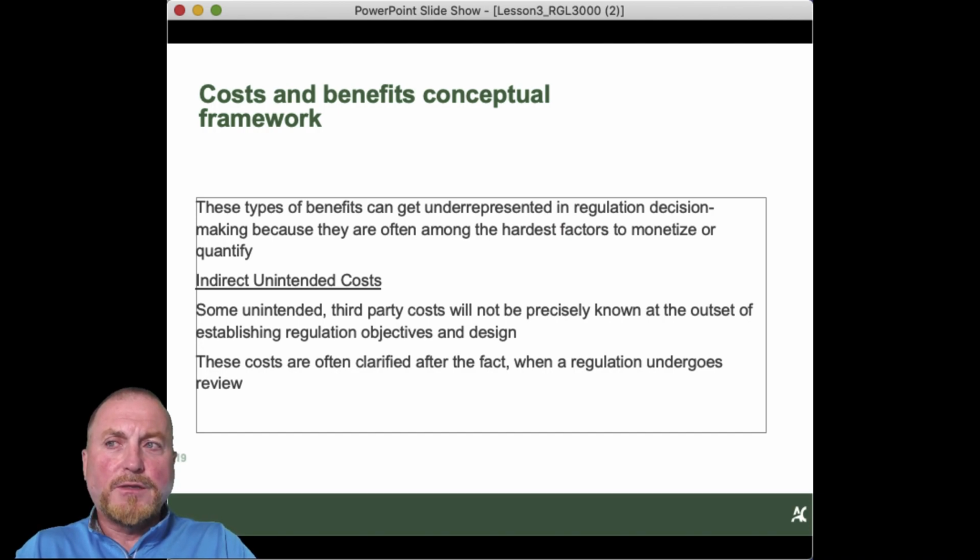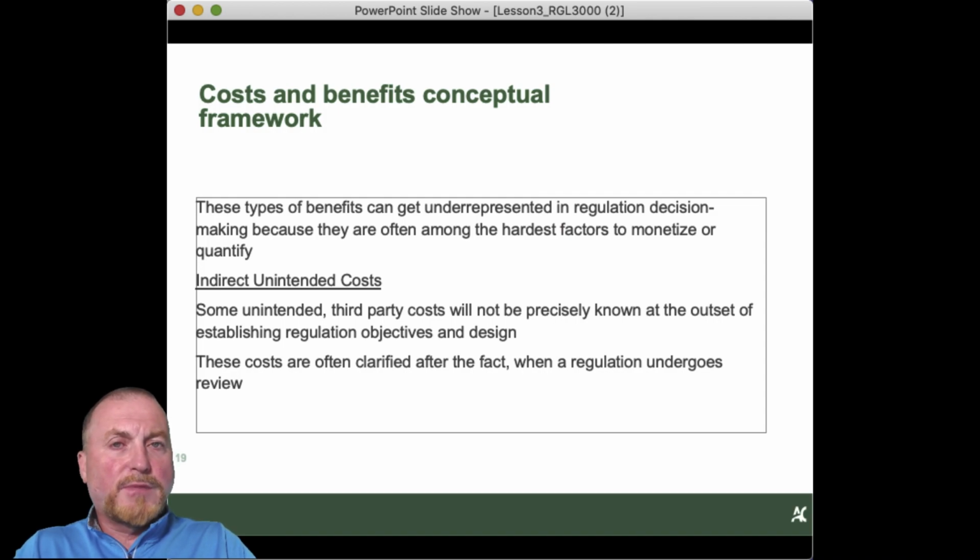And industry often can use that as an argument because it becomes much more difficult to monetize and show the true benefits of environmental regulation when the benefits do not currently have a market price or they're not monetized. Then we have to go through various techniques to monetize those benefits.